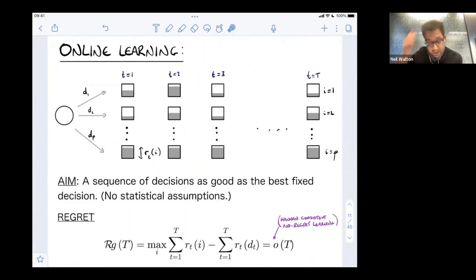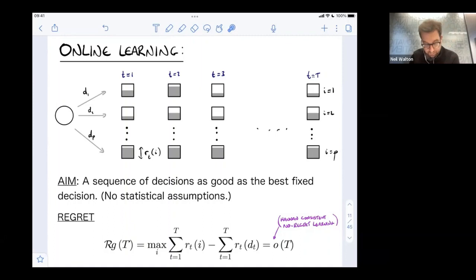The aim of a good learning algorithm is to make a sequence of decisions that maximize the sum of rewards. Sometimes that's too ambitious a target, so an alternative is to try and optimize the regret, which says how well the sum of rewards from my algorithm behaved in comparison to the best choice in hindsight. In this example, you can see that the rewards of this final decision seem to be a little bit higher than all of the other rewards received so far. But you don't know that in advance, so you can say, well, in hindsight, that was the best decision, and then ask how close my algorithm was to making those decisions.